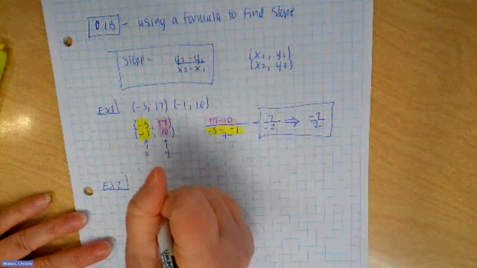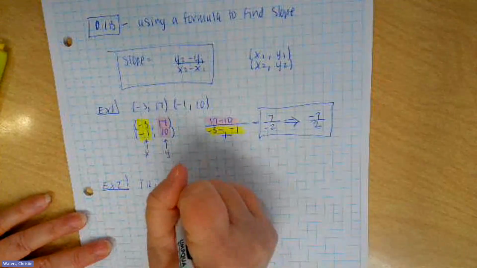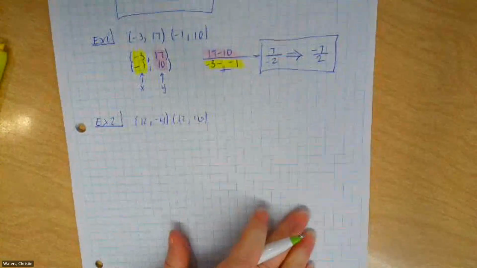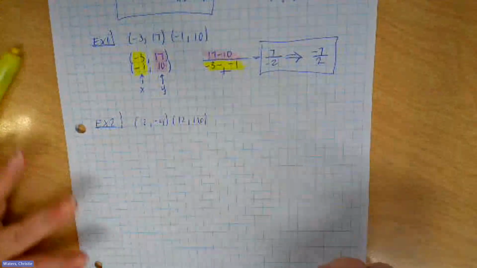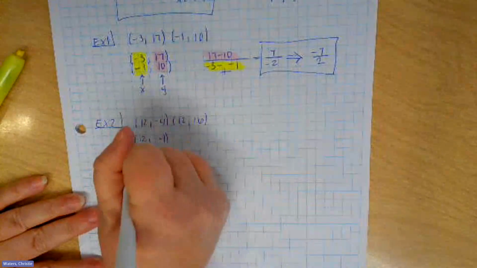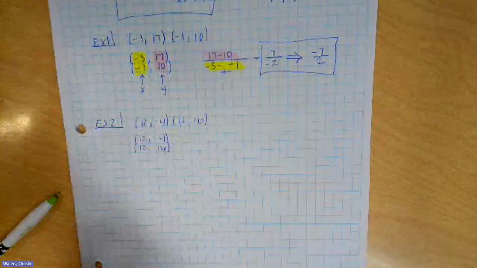We have 12 comma negative 4 and then 12 comma 16. So I'm going to use the same trick for this one. We are going to stack the coordinates. And then I'm going to color code them.